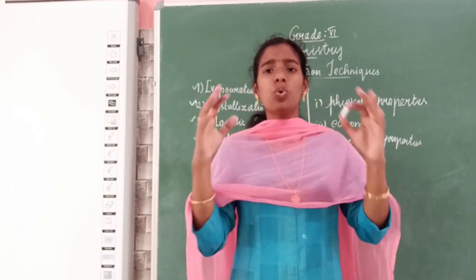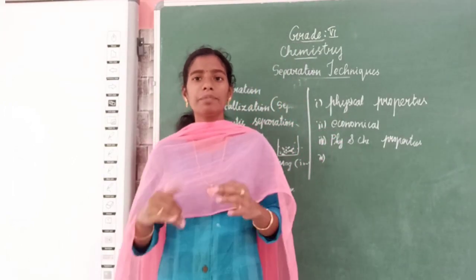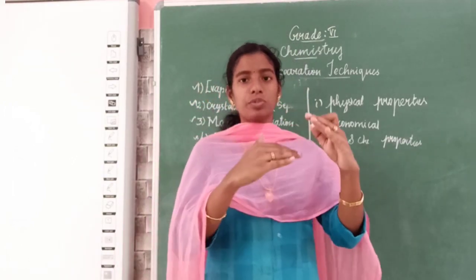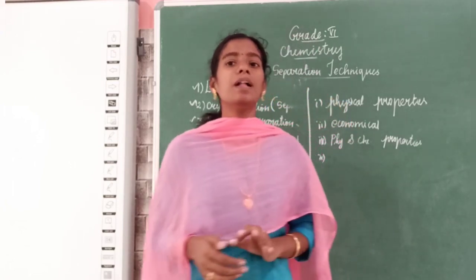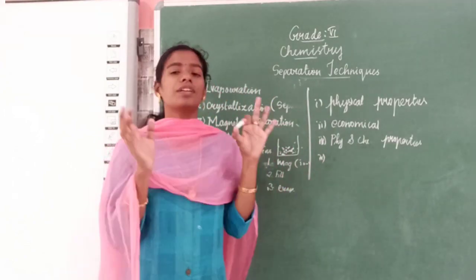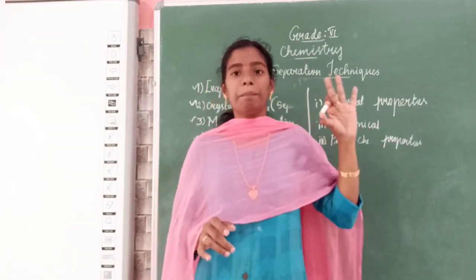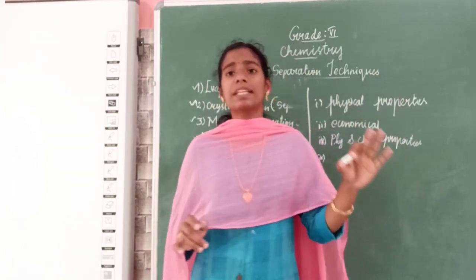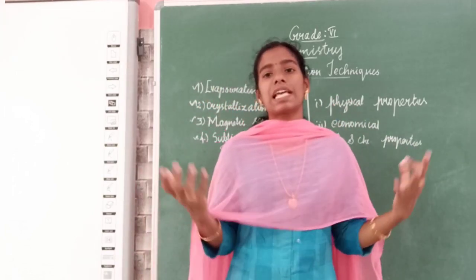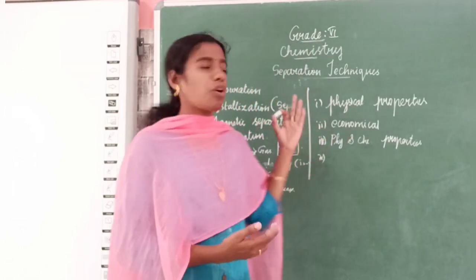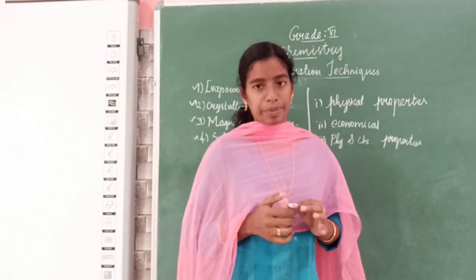So, when you consider 2 or more substances in the same mixture, you have to do it one by one. First you go for one method, then the next, like this, and separate the mixtures. With this we are ending this unit. We started with elements, then compounds, mixtures, the types of mixtures and the need for separation techniques. Then some of the separation techniques like hand picking, winnowing, filtration, evaporation, crystallization, magnetic separation, sublimation, all these are separation techniques.